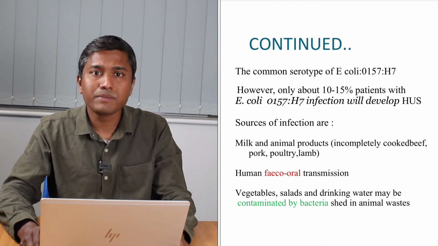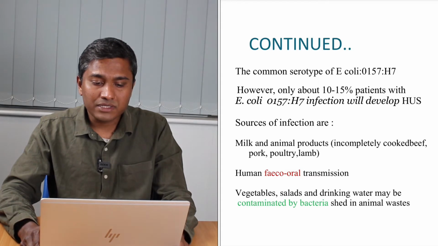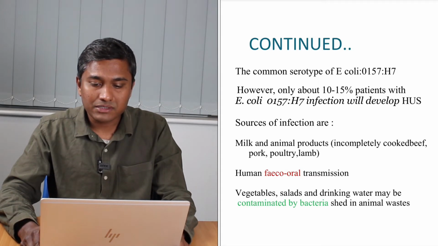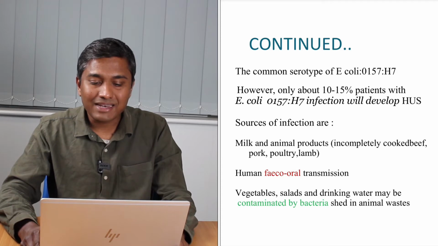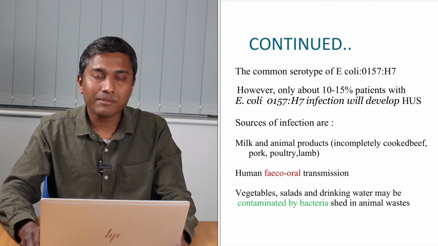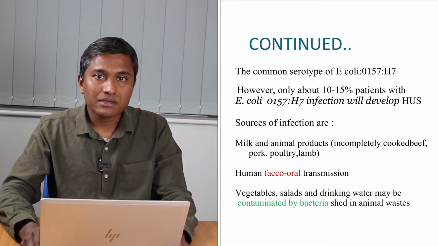However, only 10 to 15% of patients with E. coli O157:H7 infection will develop HUS. Sources of infection are milk and animal products like incompletely cooked meat, human fecal-oral transmission, and vegetables, salads, and drinking water which is contaminated by animal waste containing this bacteria.